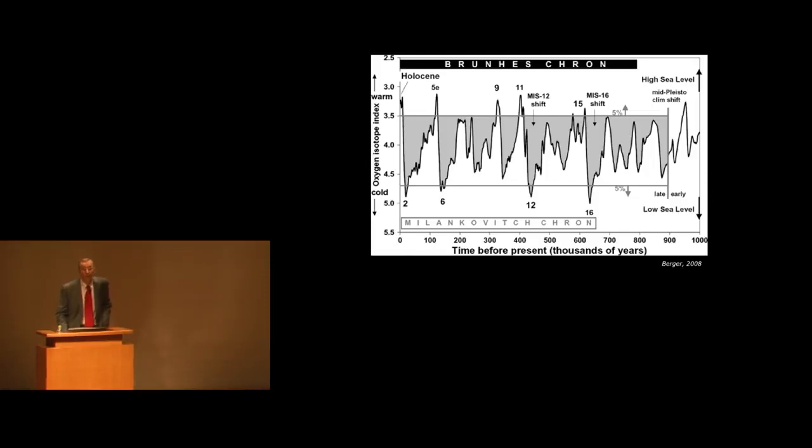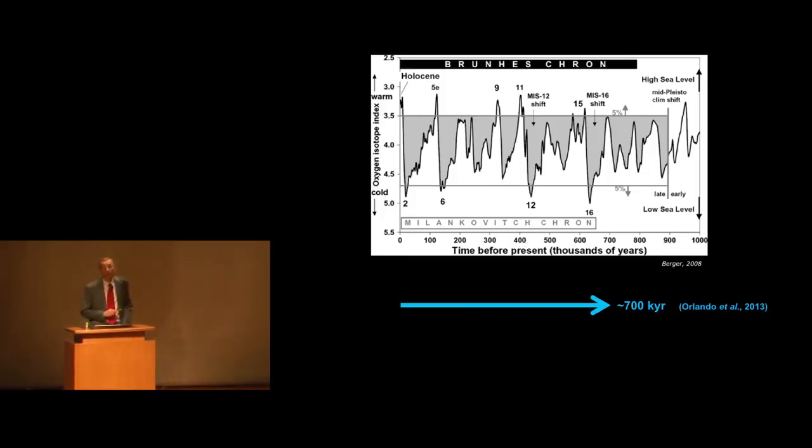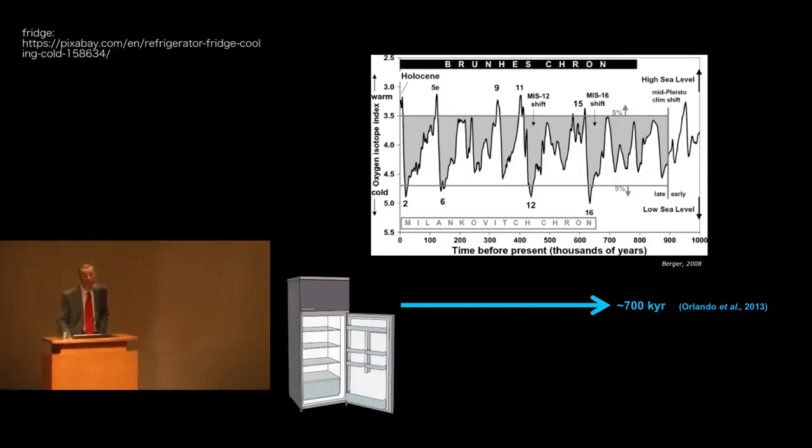The world record in old genomes is actually held by Eske Willerslev, who will give the next talk here. It's a horse genome that goes back about 700,000 years. But that's in the permafrost, it's frozen.